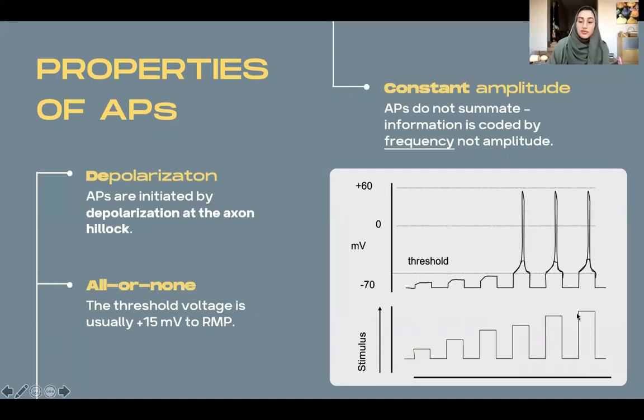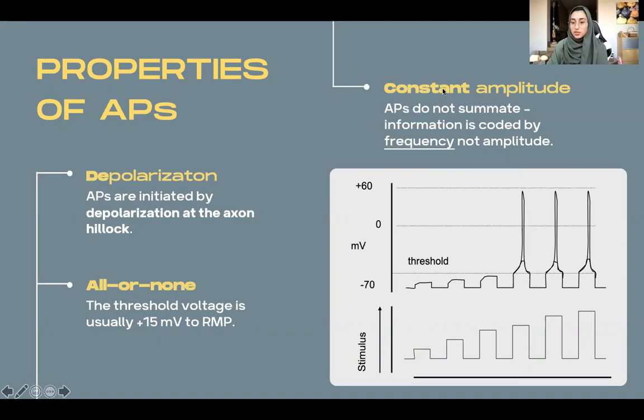You're not going to have, with a stimulus this strong, an action potential that looks different from this stimulus, even though it's much weaker. But what's going to make a difference is how many action potentials you have, okay? So the information is coded by frequency, or how many action potentials you have, not how big the action potential is, because the amplitude is always constant. It always looks the same, okay? Just want to make sure you guys get that, because they get it in questions a lot.